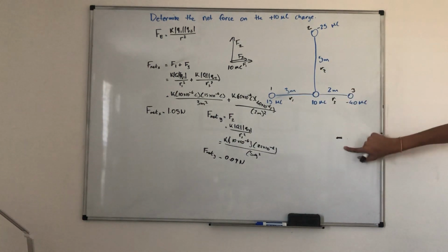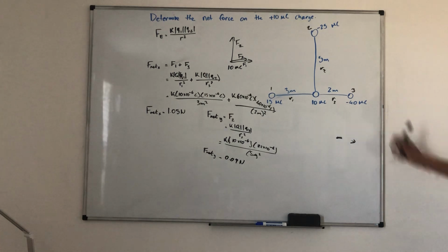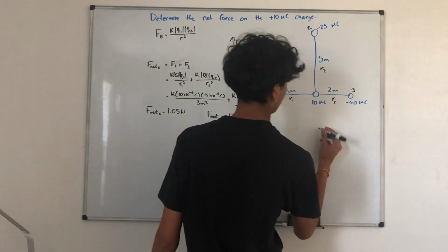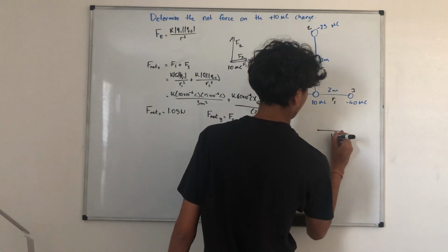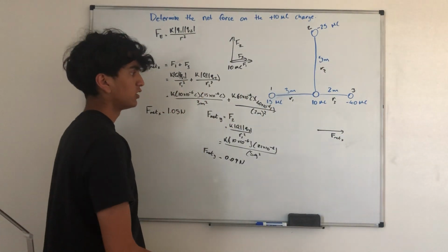I'm going to draw that as one big arrow to represent my total horizontal force, my F net x, and then I have my F net y, which is upwards.